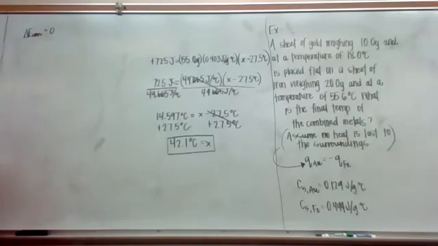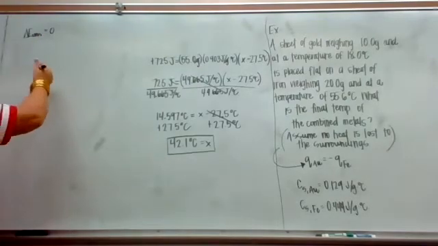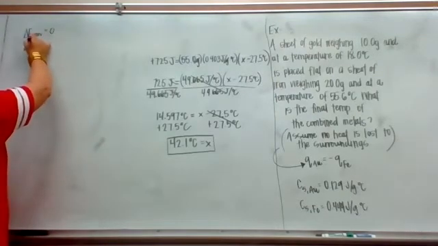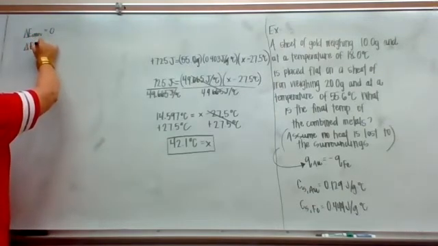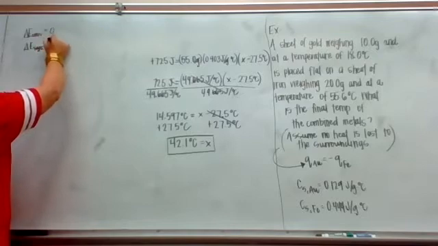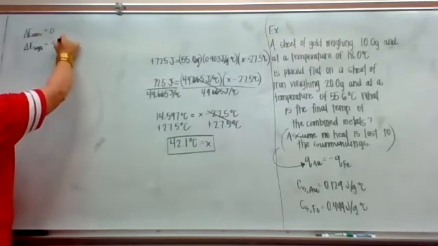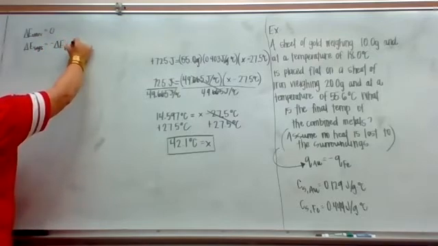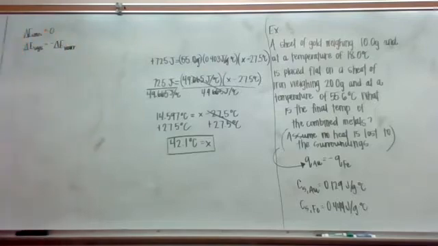It's constant. Okay, I can't create or destroy energy. So that means that the energy of my system is always equal in magnitude to the energy of my surroundings. It's just opposite sign. It's whatever one needs, the other one gives, and vice versa.